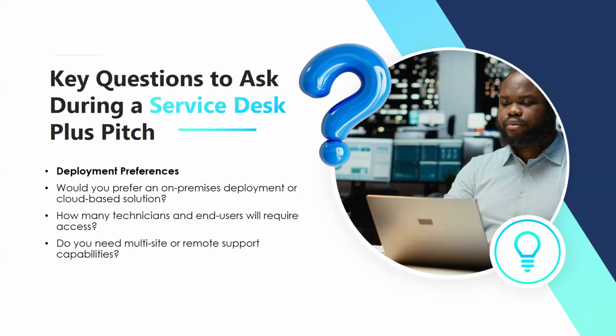You should know if it is in cloud or on-prem. You should know what edition the client wants. When the client starts speaking to asset management and the rest, you should know that it's either the professional edition or the enterprise edition that the client will need.